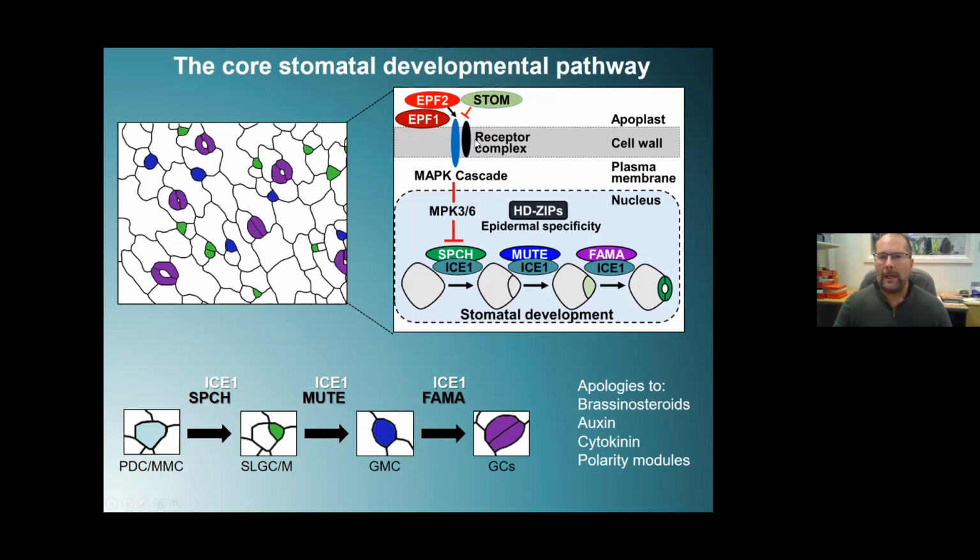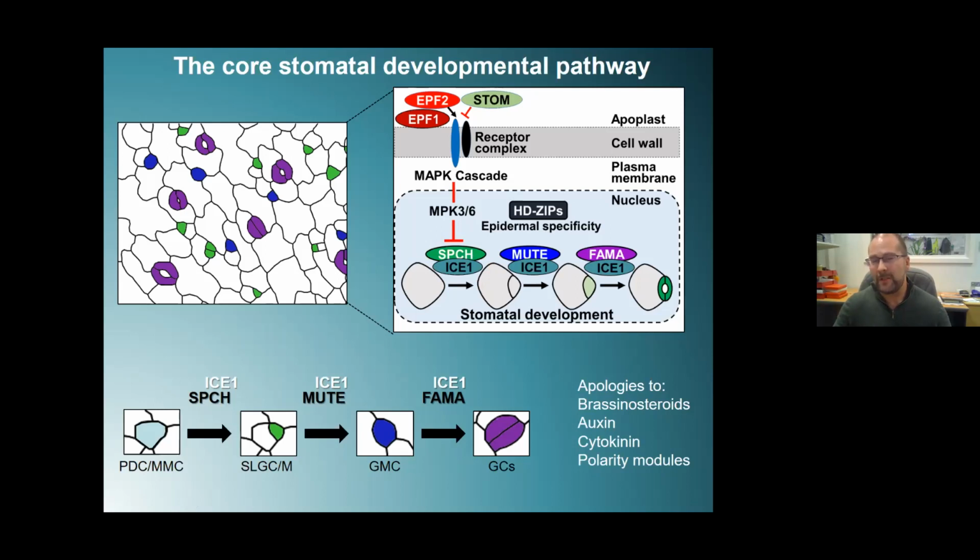And what binding of these peptides to the receptor complex determines is the activity of a MAP kinase cascade. And this MAP kinase cascade ultimately regulates the activity or the stability of these core transcription factors. And principally, we know about the regulation of SPEECHLESS and ICE1 via this MAP kinase pathway.